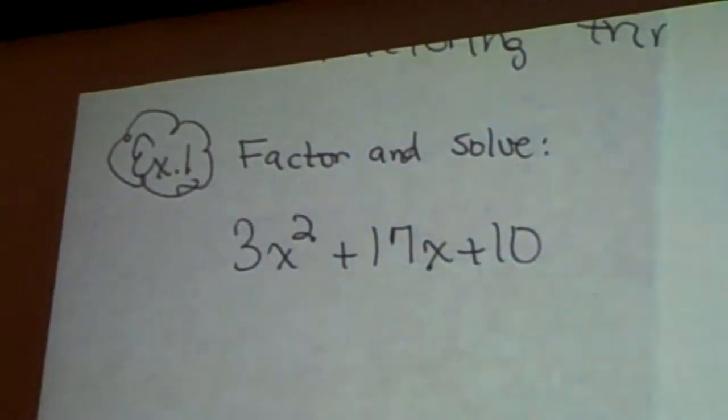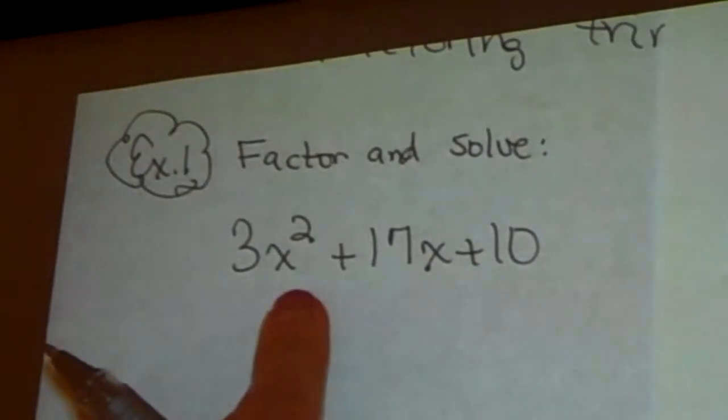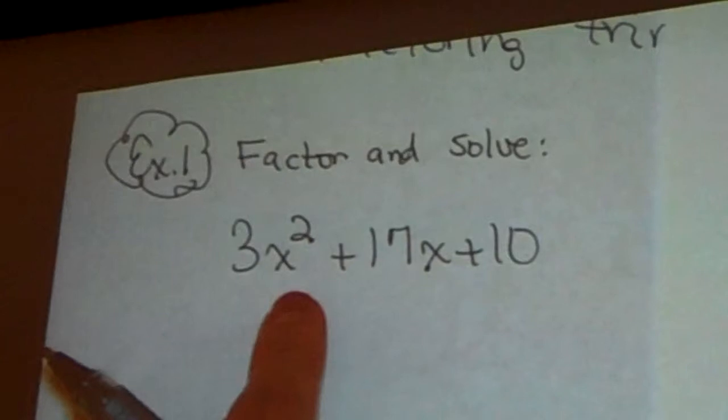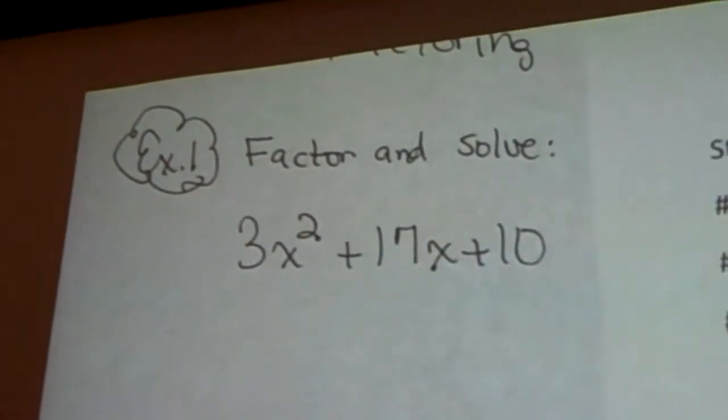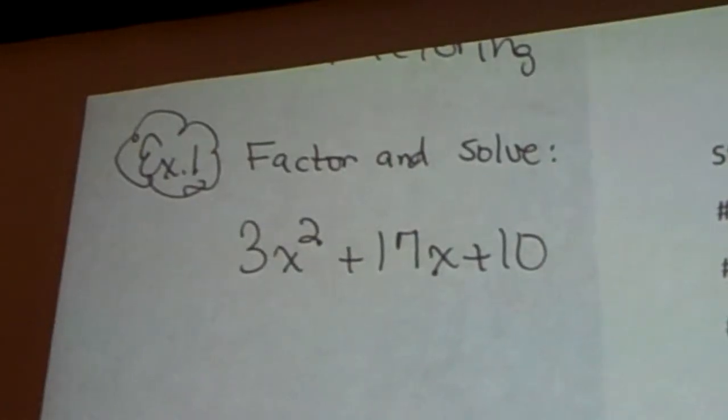Mind you, this is my trinomial, which is my quadratic function. You see the x squared, so you know what shape this would look like if we were to graph it. So we're going to factor and solve.